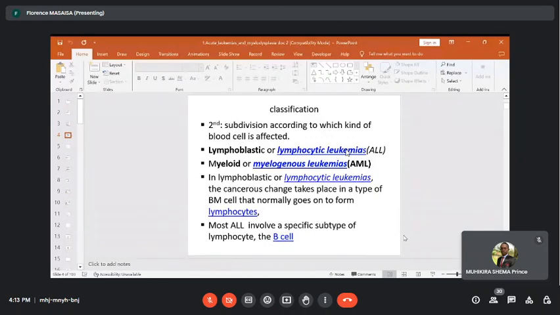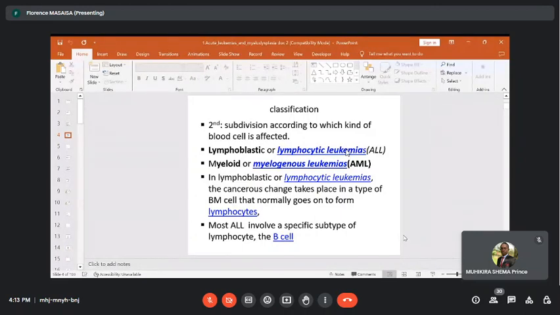Leukemia can be on the lymphoid progenitors, being lymphoblastic leukemia or lymphocytic leukemia. Then it may also occur in the myeloid, being myelogenous leukemia or myeloid leukemia. So when I say myeloid leukemia, understand all the cells apart from the lymphocytes.